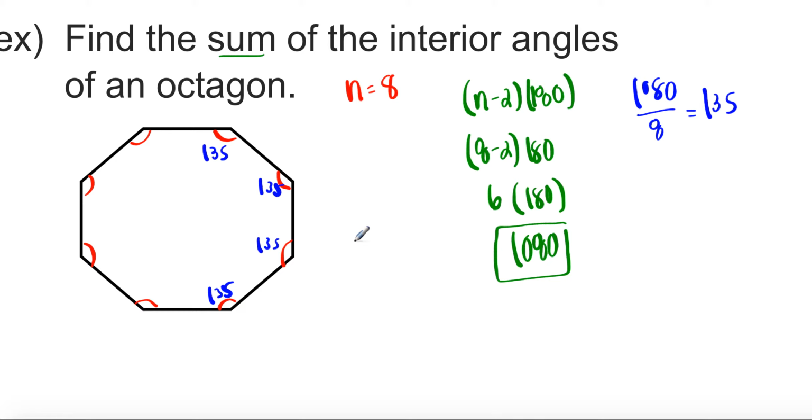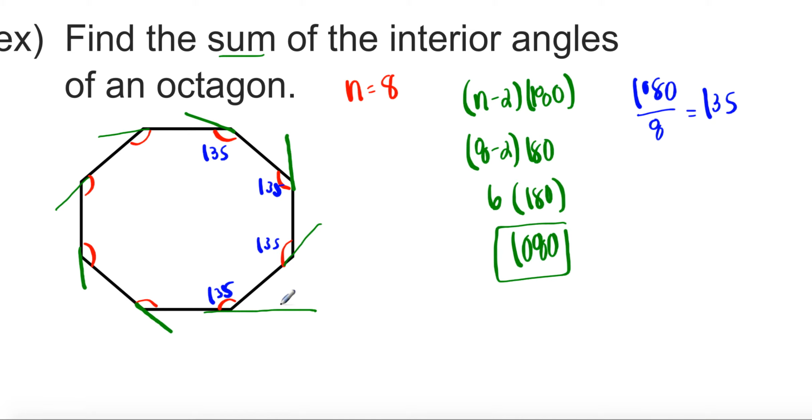And we can take this one step farther. You might be asked about the exterior angles. To find the exterior angle, for example, this right here is an exterior angle, just extend your sides. The interior and exterior angles go all the way around the figure. The interior and the exterior angles are supplementary.